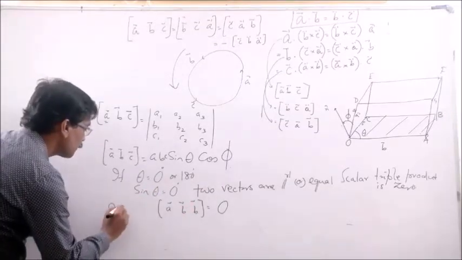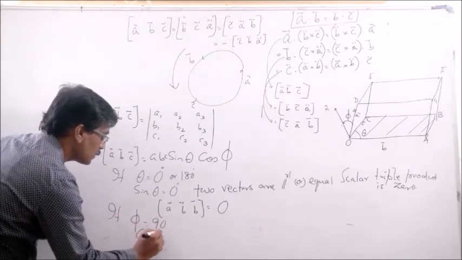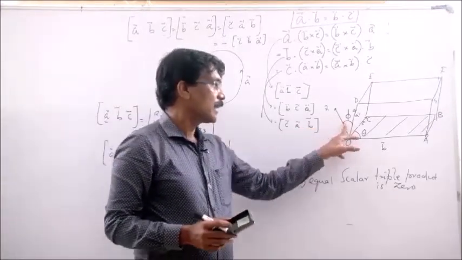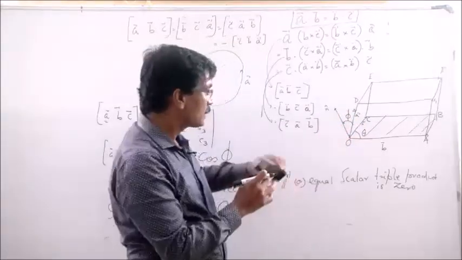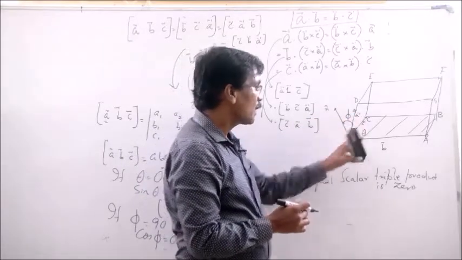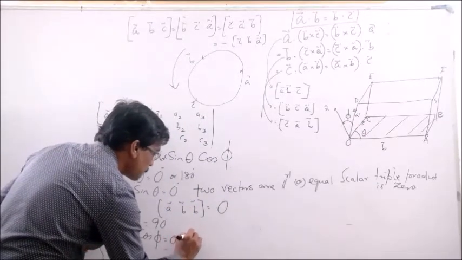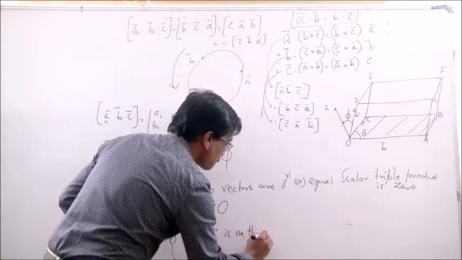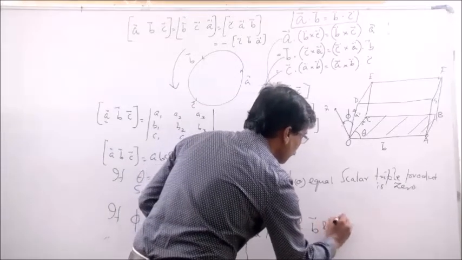Similarly, if phi is equal to 90 degree, cos phi is 0. So, phi is angle between a vector and n cap. So, if phi is 90 degree, then a vector is on the plane of b vector and c vector.